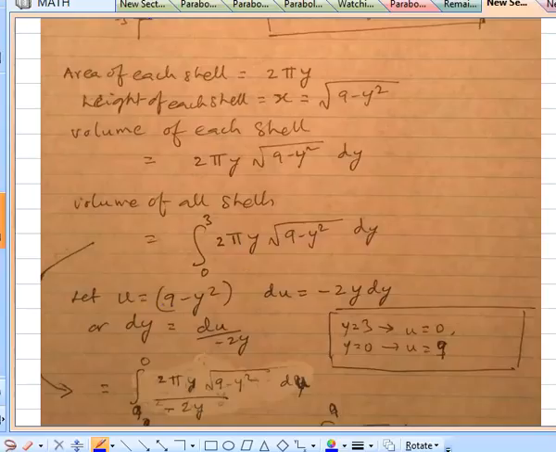So u is equal to 9 minus y squared, du is equal to minus 2y dy. So you see here 2y dy. So this translates to dy equal to du over negative 2y.